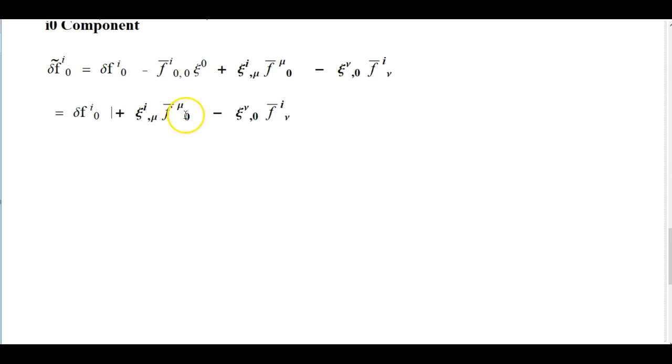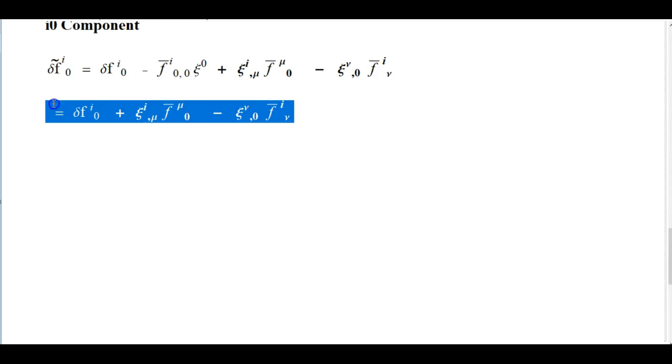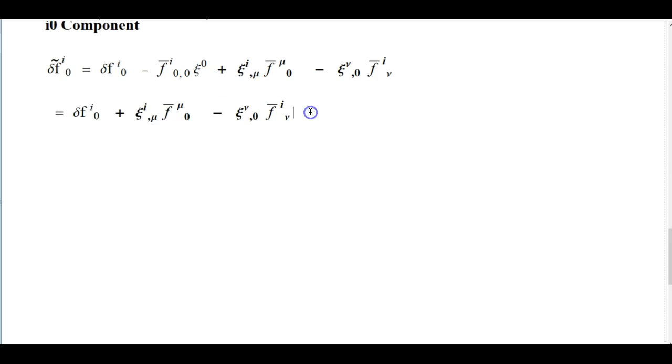Now we are left with this. And here again, this is a diagonal matrix, so only the 0 component will survive in the second term here.